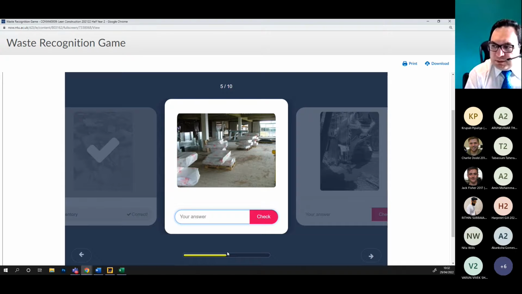Here I need to explain this photo a little bit. These are windows we bought for this building, and we use these windows in different levels, but we store them all on the ground floor level. So what type of waste is this?